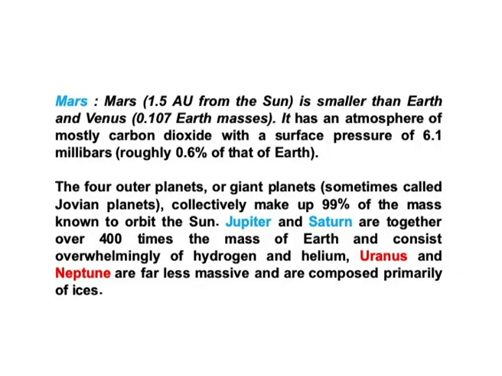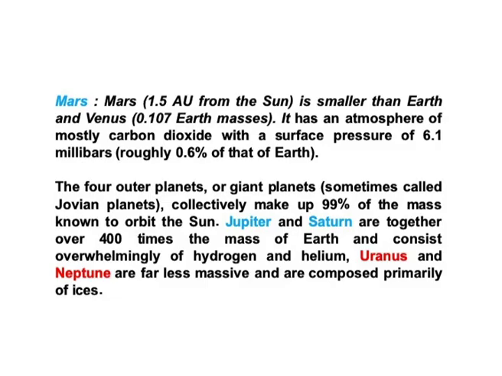For Mars, the distance from the sun is 1.5 astronomical units. It is smaller than Earth and Venus, and it has 0.107 Earth masses.